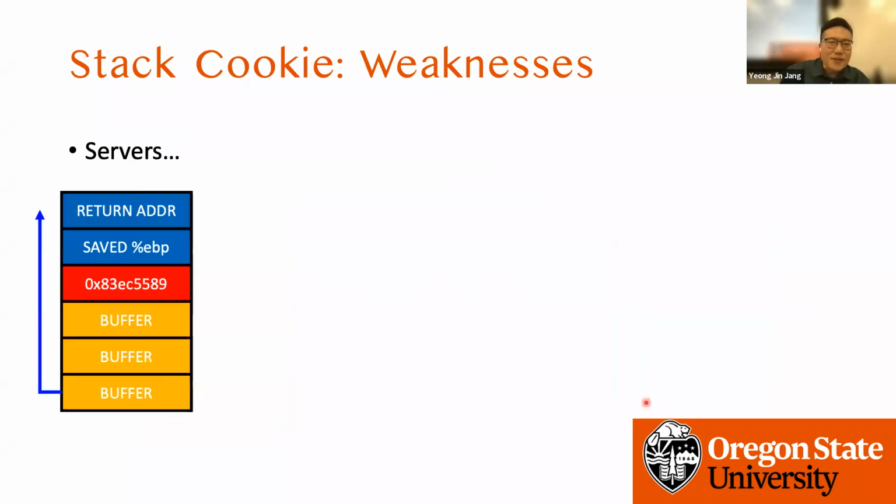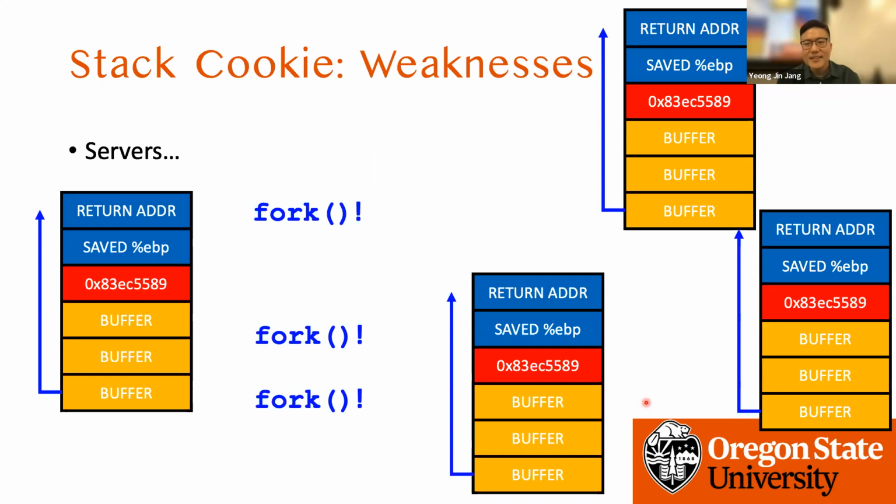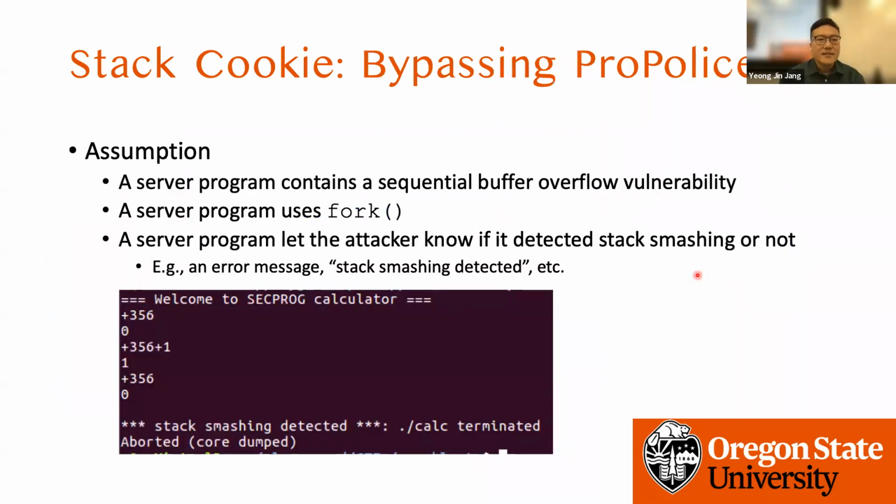How fork works is that whenever a client connects to the server, it forks and serves, forks and serves, and they all have the same cookie value. So we will exploit that. Our assumption is that the server program contains a sequential buffer overflow vulnerability and uses fork to serve a client.